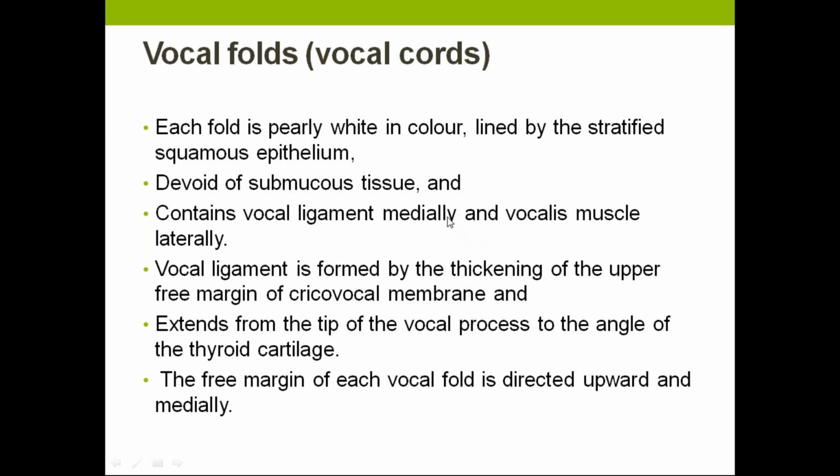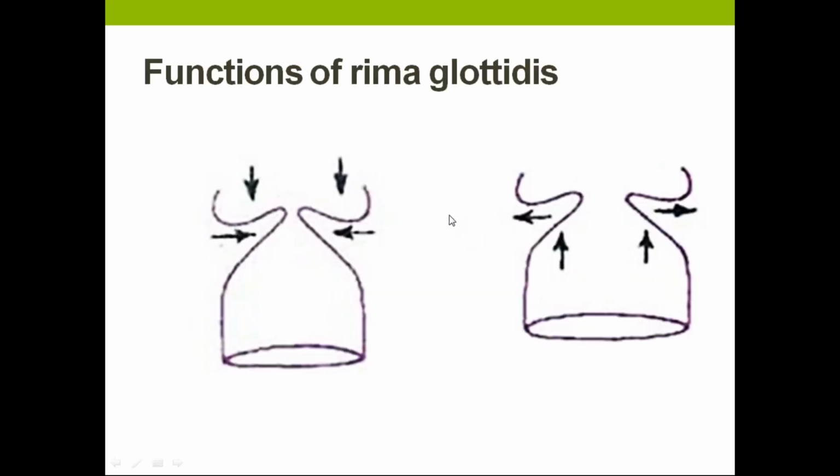Now we'll go on to the functions of the Rima glottidis. So what are the functions? At this point you have to remember the functions of the Rima vestibuli. It allows air entry in inspiration and prevents air exit during expiration, so it acts as an exit valve.